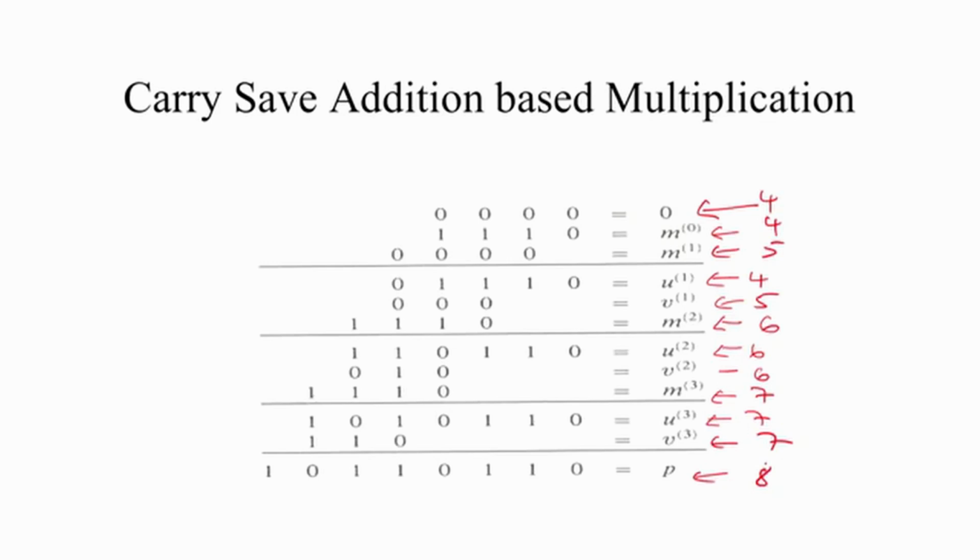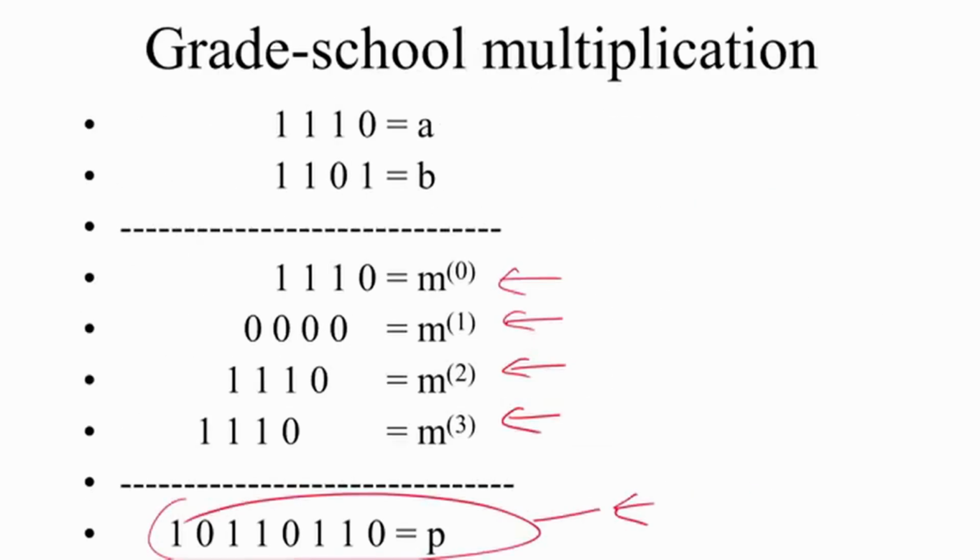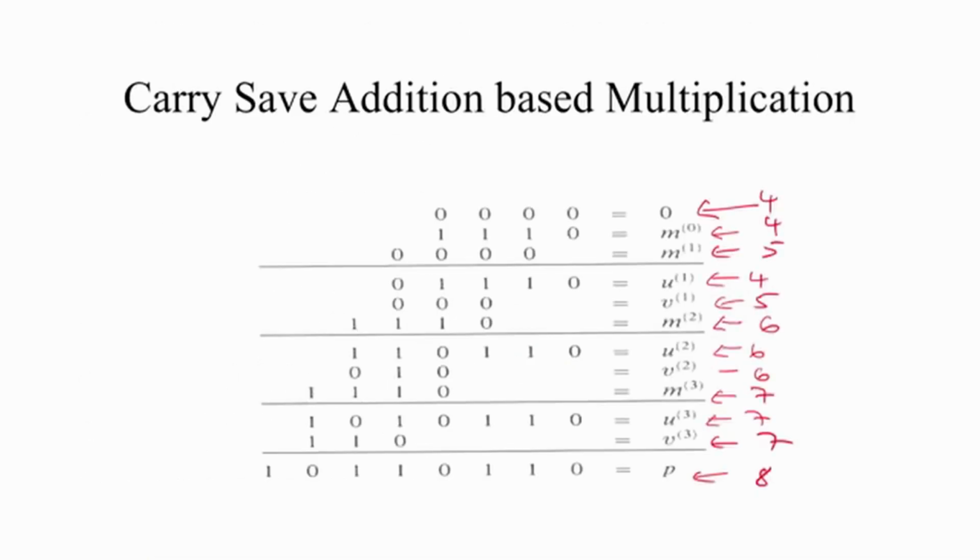Why I put this slide here is to explain how things can work here. I have 4 partial products to start with and I want to add them. This method gives you a sequential way of adding. So I start with a dummy 0, M0, M1, so 3 numbers that get converted into 2 numbers, right.